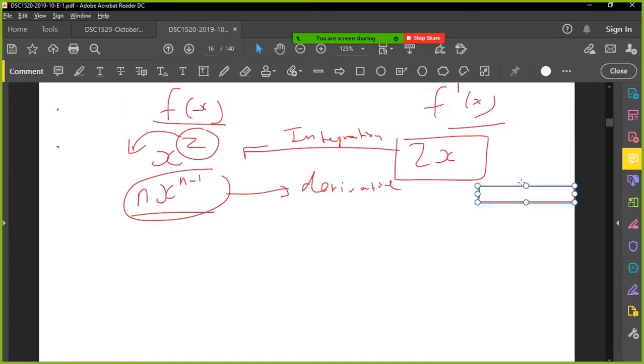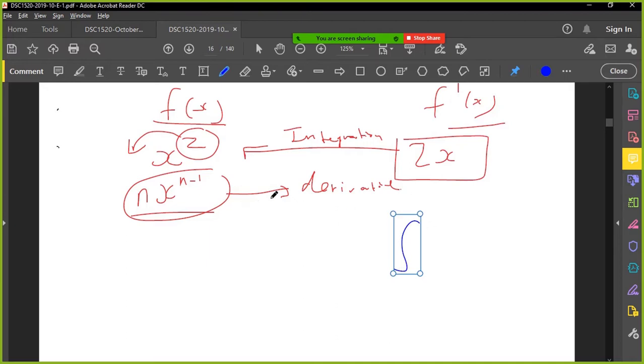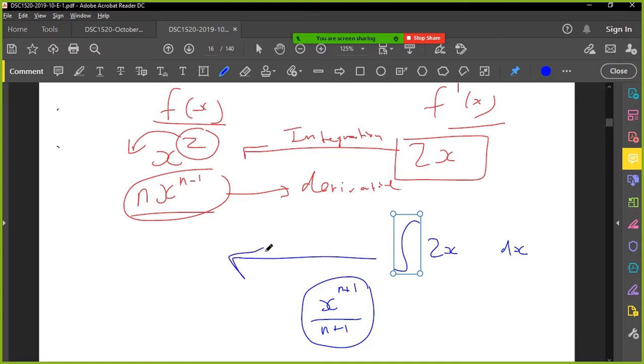I just want to get this so I can change the color. Okay. Alright, so if I'm going from derivative to function, I need to use integration. Okay, so that's what you'll have. And then the rule to do this would be, I think the rule says, let me just think about it now, n plus 1 over n plus 1. Something like that. That's also in the textbook. Are you following? Yes, yeah.